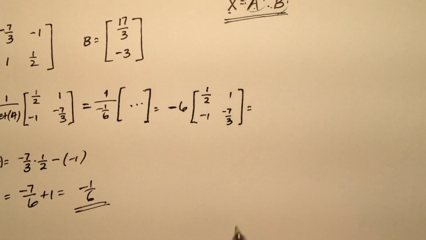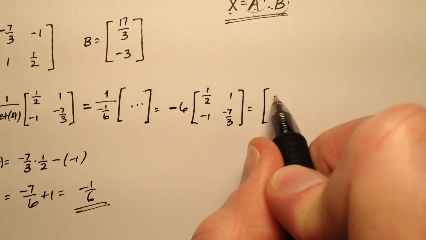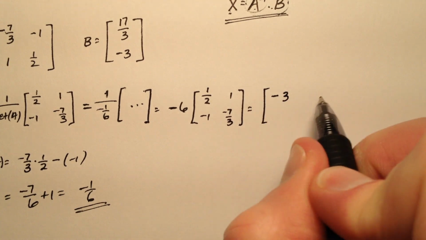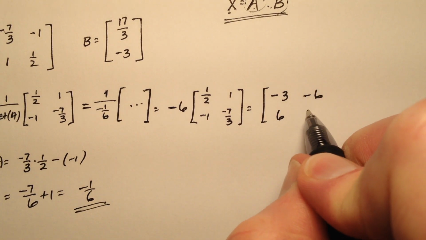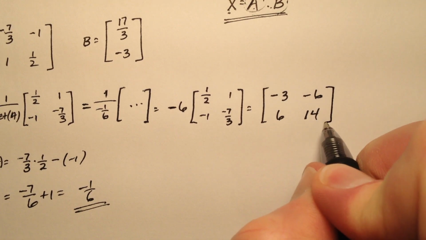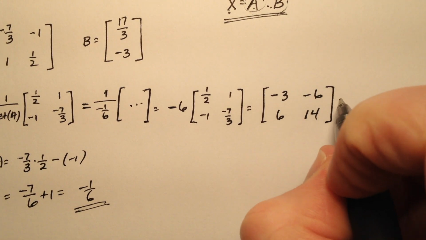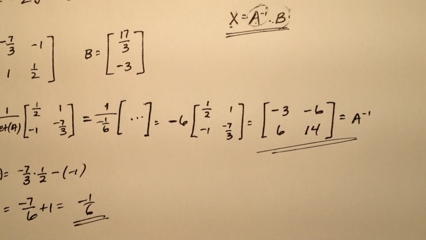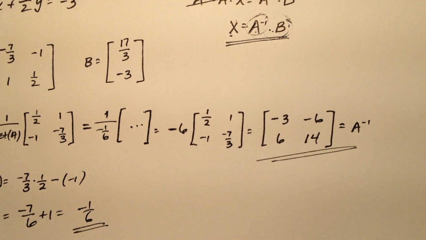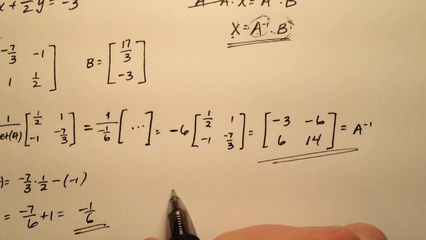So the inverse of A becomes negative 3, negative 6, positive 6, and then 14. So this is the inverse of A, which then I'm going to multiply by B to find my solution here.